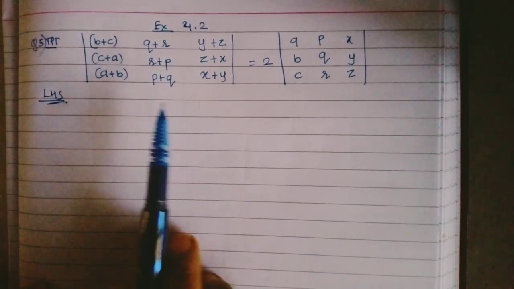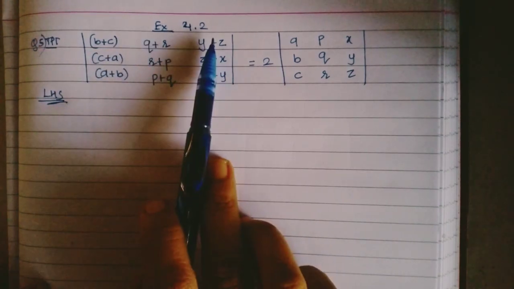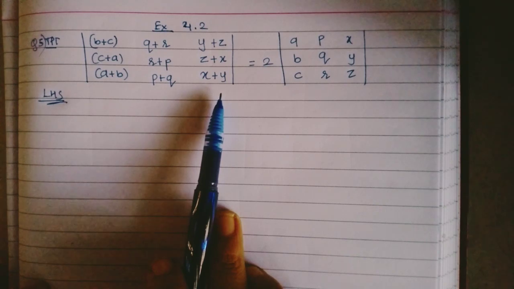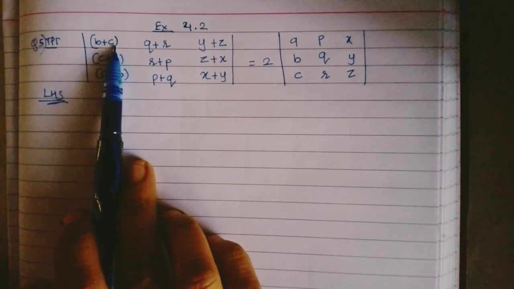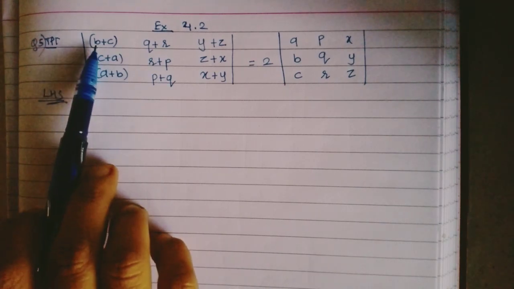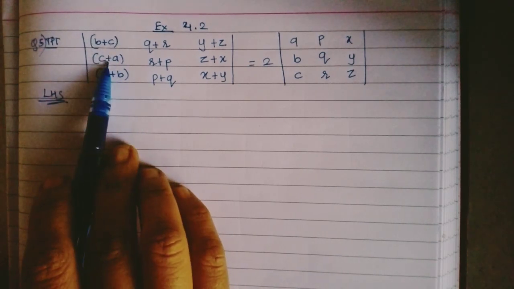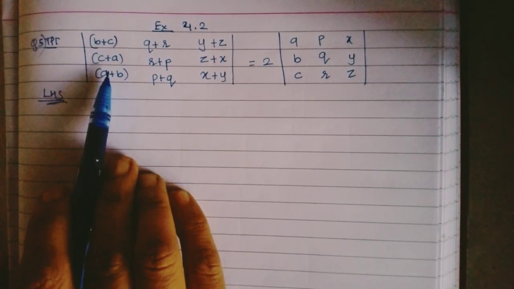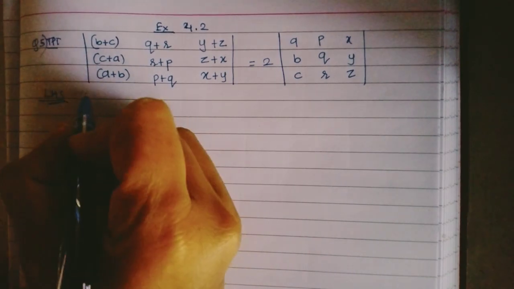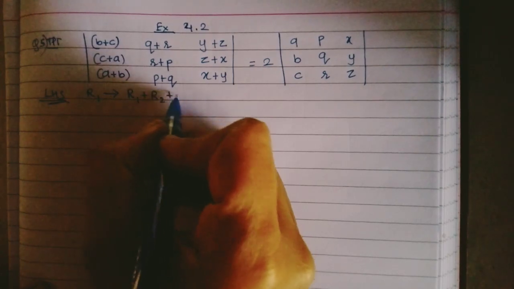Now I want to make this column as A B C, this column as P Q R, and this column as X Y Z. So first thing I should do is to remove this B plus C and to bring here A, right? So the only way you can bring here A is you have to add something related to A. So you can add R1 and R2 and R3, right? So R1 changes to R1 plus R2 plus R3.